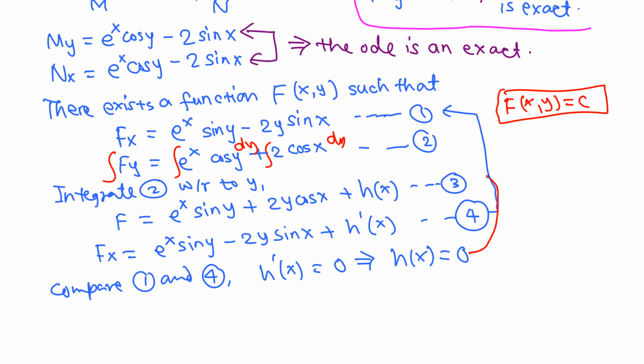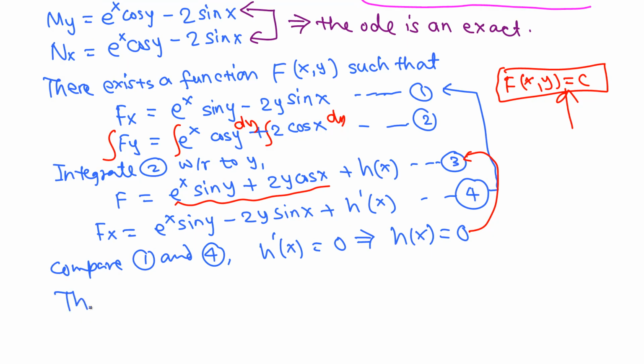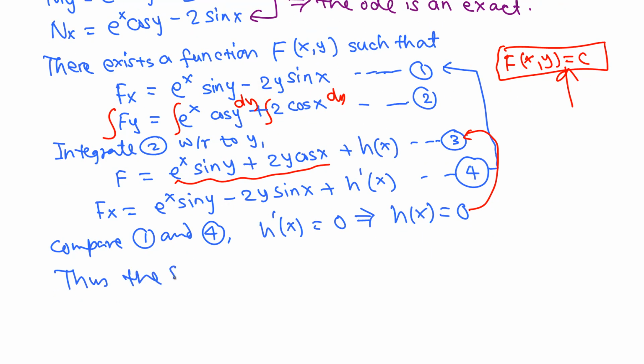Now go back and plug in here, then our function will be just this, plus 0, so just this, and that equals c. That equals c is the solution. Thus the solution of the ODE is function equals constant.